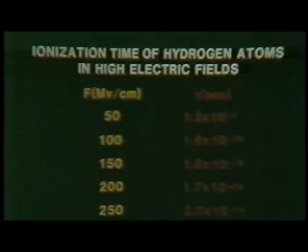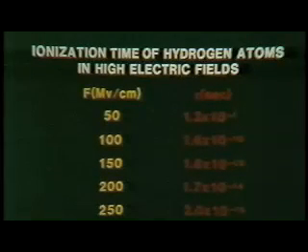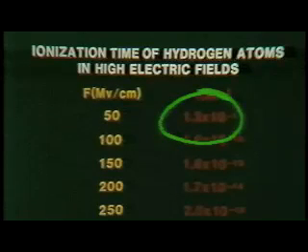And the way to create positive ions is to generate a very high field strength. In fact, in 1928, Oppenheimer, using the then newly developed quantum mechanics, predicted that if one created an electric field by some means that would have a magnitude of about 50 million volts per centimeter, the lifetime of a hydrogen atom molecule in space would be of the order of 1/10 of a second or so.